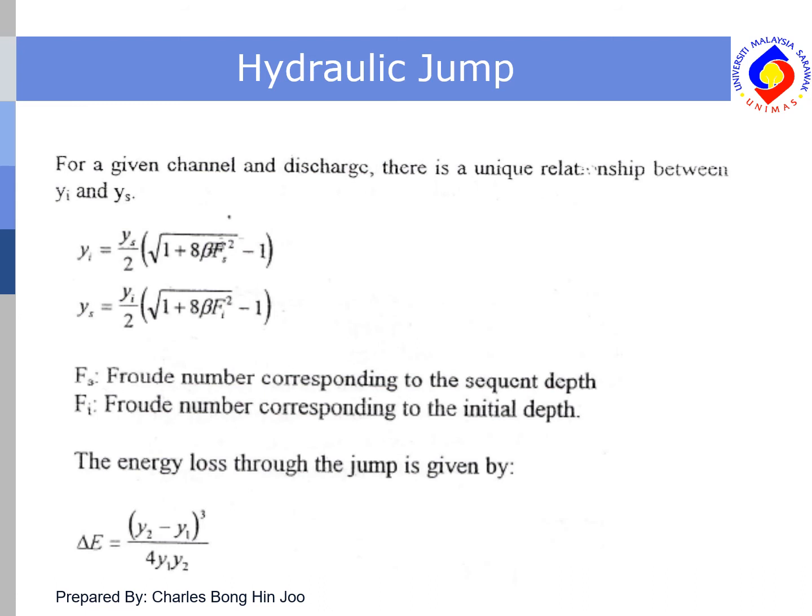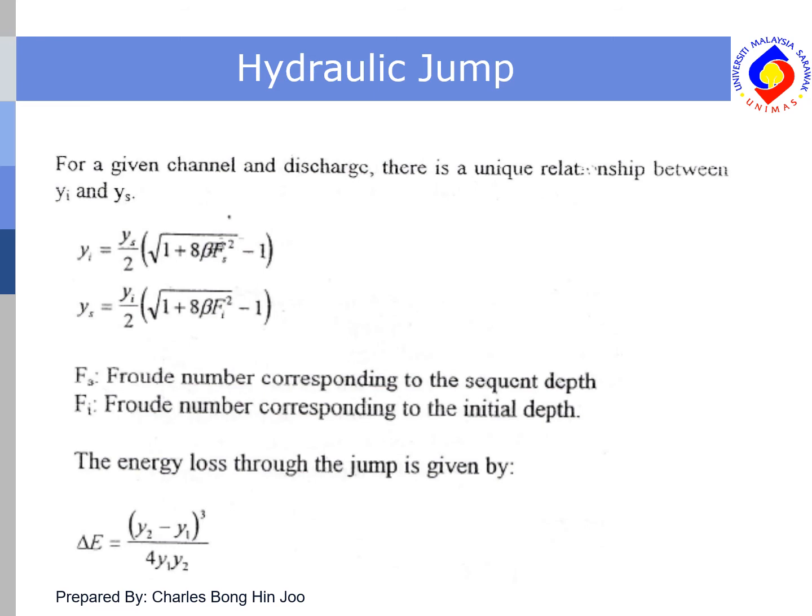On the other hand, if you are to find the sequent depth, you can use the expression of y initial divided by 2 in the bracket square root of 1 plus 8 beta multiplied by the Froude number at the initial depth squared, minus 1.